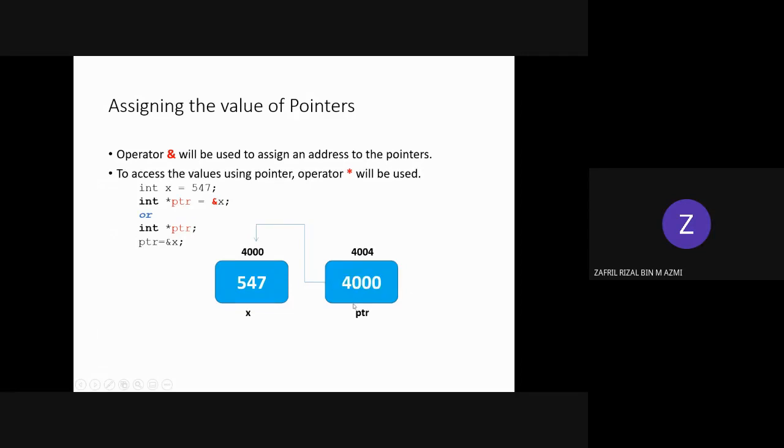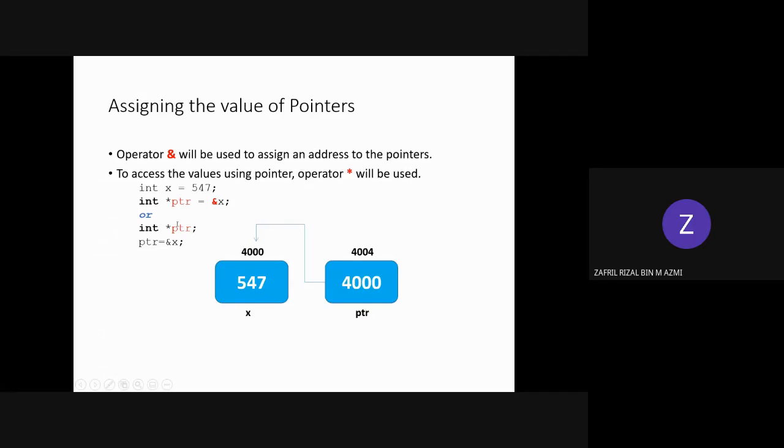So if I want to print 4,000 on my screen, I simply put printf PTR. But if I want to print 547 using the pointer, I must printf *PTR. So this is another way to put a value to a pointer.